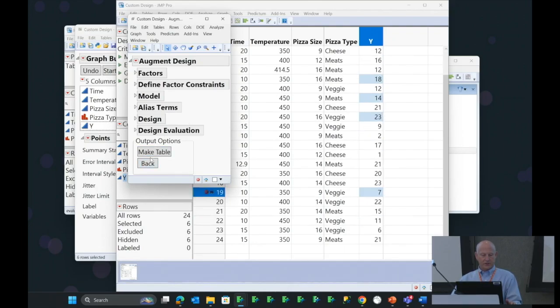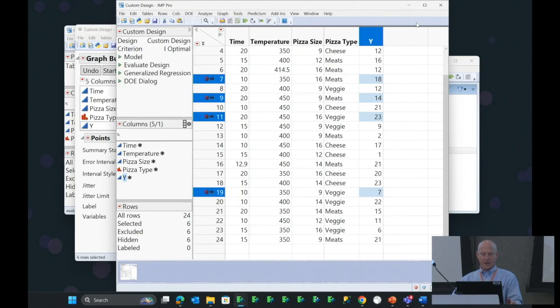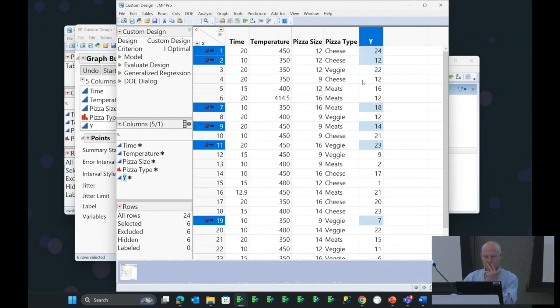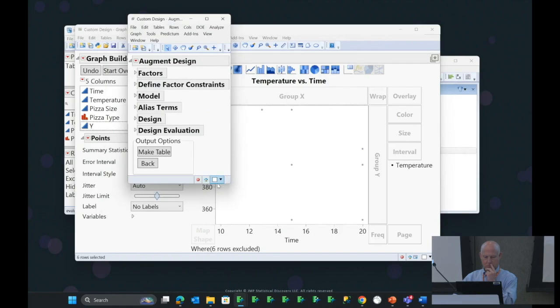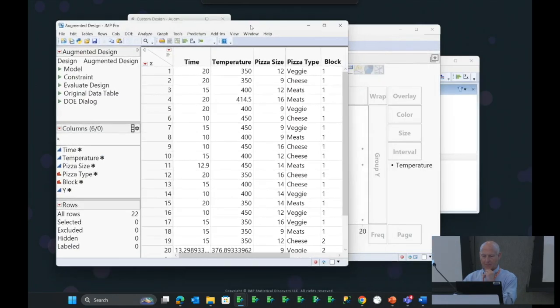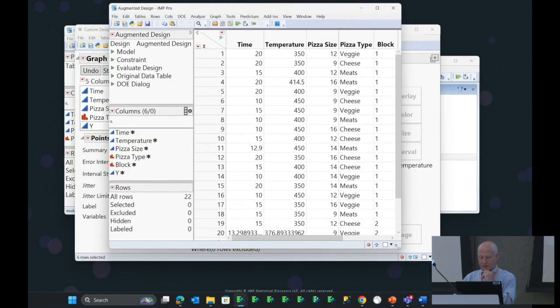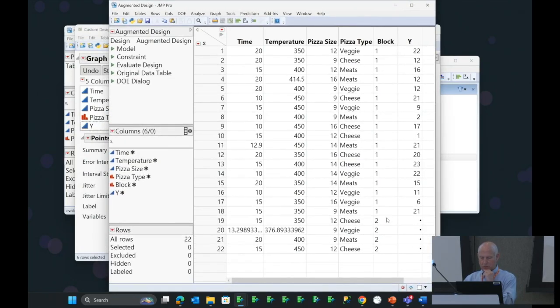So here is, I guess, the design that it made. Wait a minute, that's the original design, right? No, I have to make the table. That's what I didn't do. Okay. So here is block 2, these 4 here, and I don't have data for them yet.